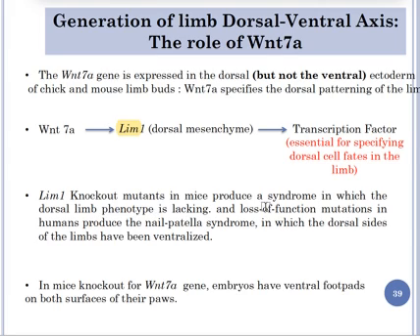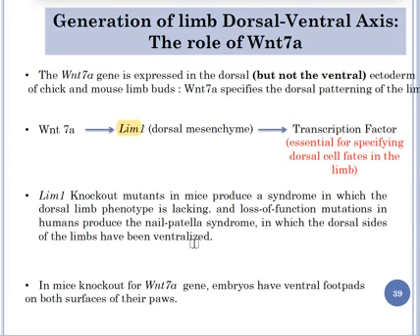Also, a loss of function mutation for this gene in humans, since it is conserved between mice and humans, produced a syndrome called nail-patella syndrome. In this syndrome, the patella of the knee is not normally formed.